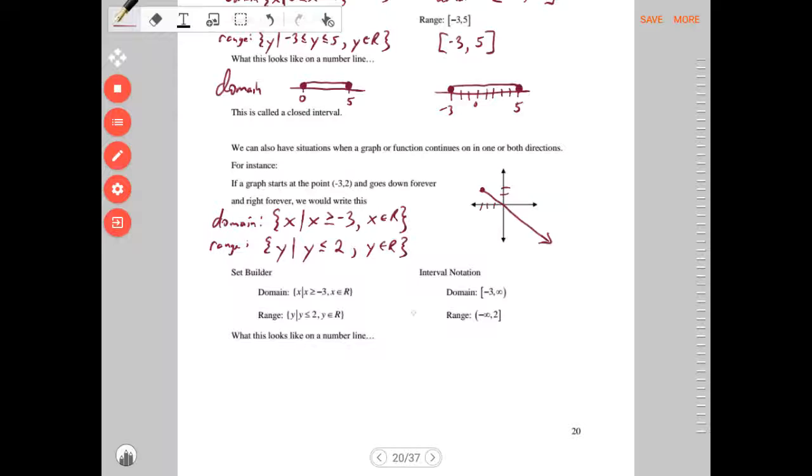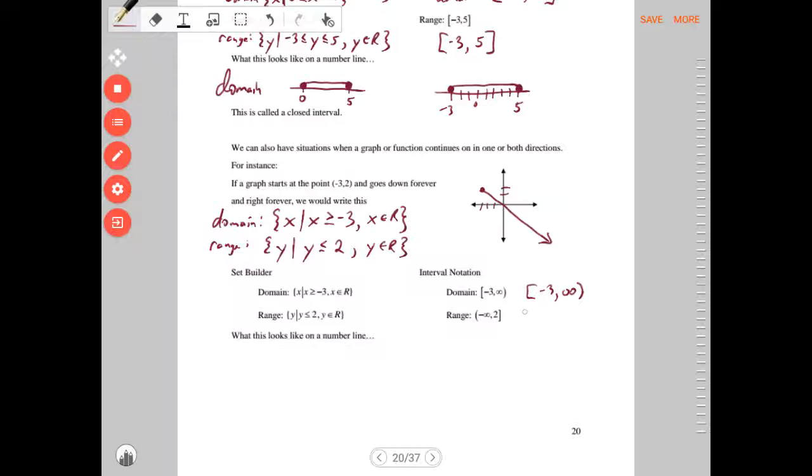Now, in interval notation, the domain starts at -3, so we have a square bracket at -3, but it goes all the way up to infinity. The funny thing about infinity is you can never equal infinity, so we have a round bracket there. That means you can get close to infinity, but you can never actually get to infinity.